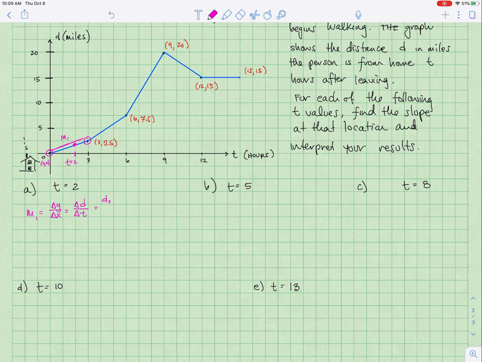So this will be d2 minus d1 over t2 minus t1, which in this case is 2.5 minus 0 over 3 minus 0, which is 2.5 over 3, which is 5 over 6.